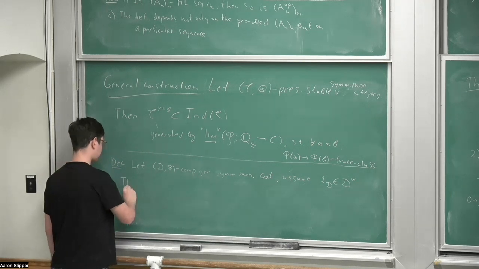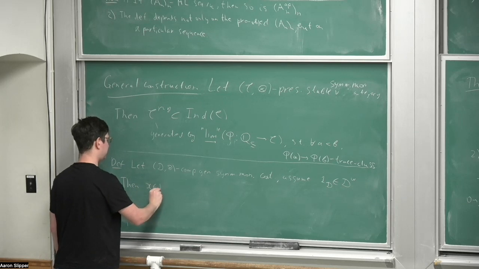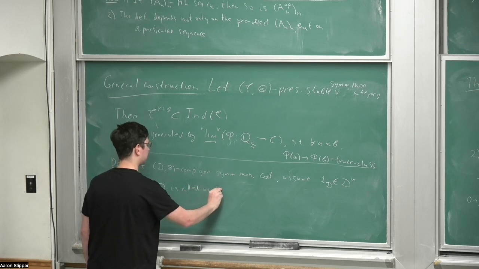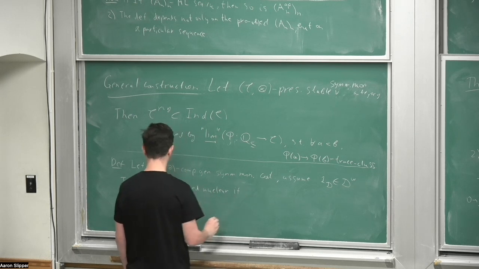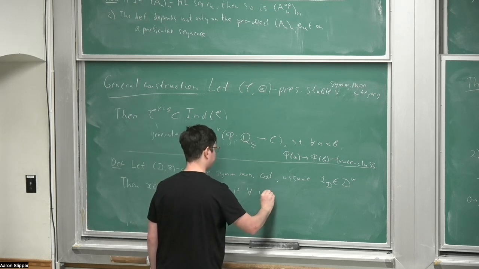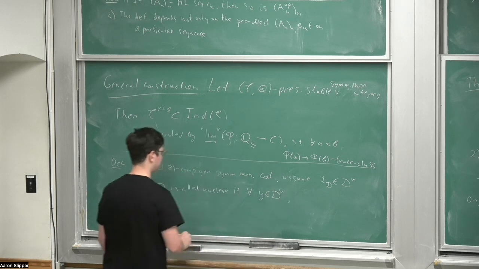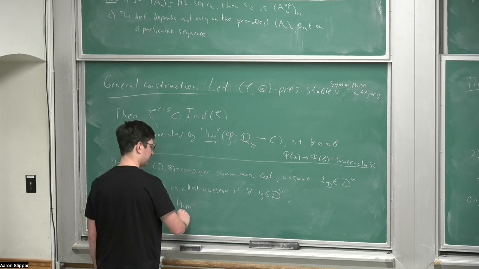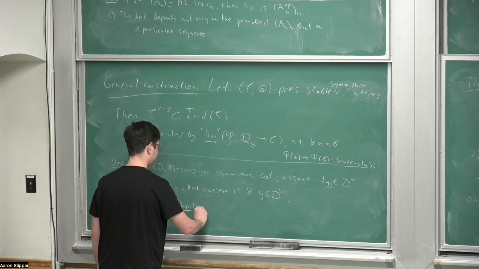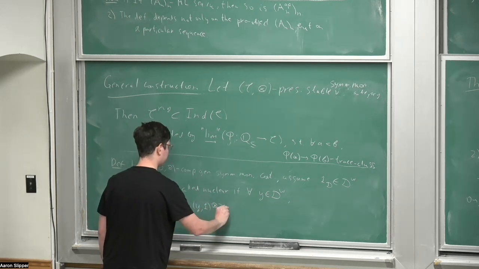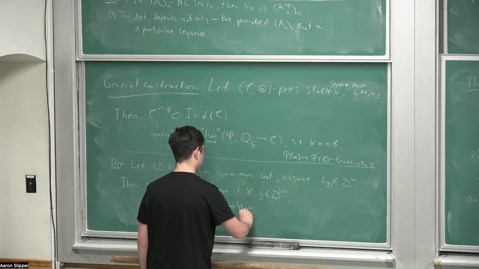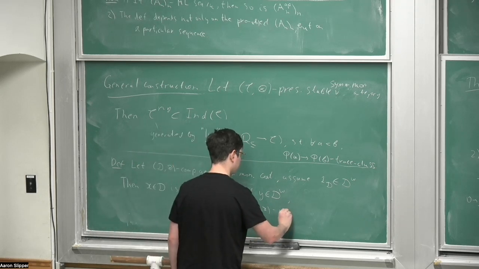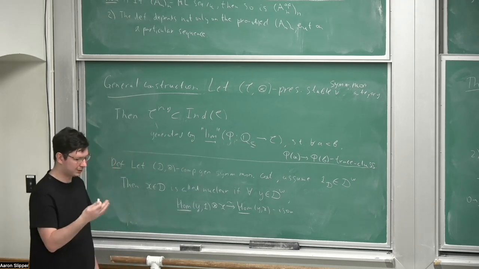Then X in D is called nuclear if for any compact object Y in D, okay, there are different ways to formulate this, but let's formulate it as follows: the map from internal Hom from Y to the unit, tensor X, to internal Hom from Y to X is an equivalence.